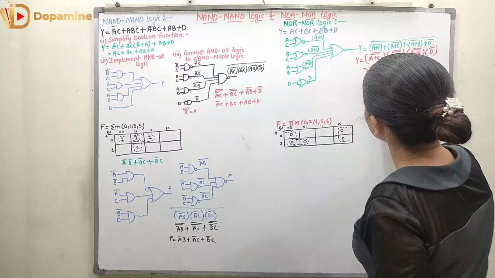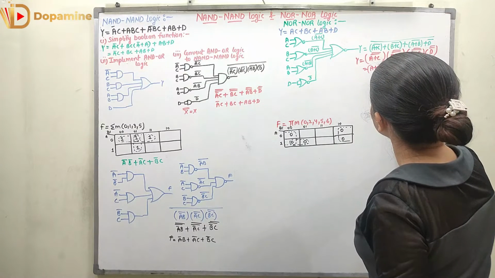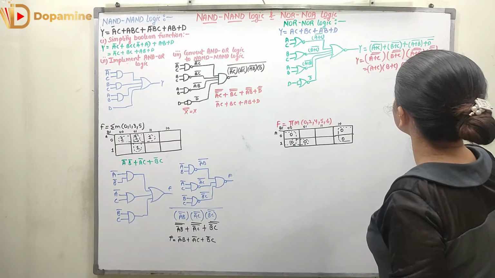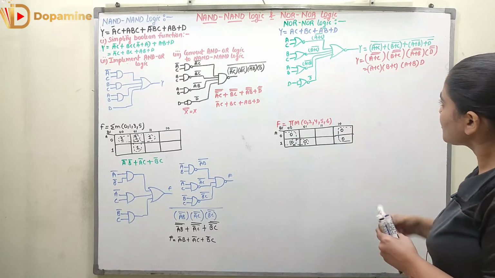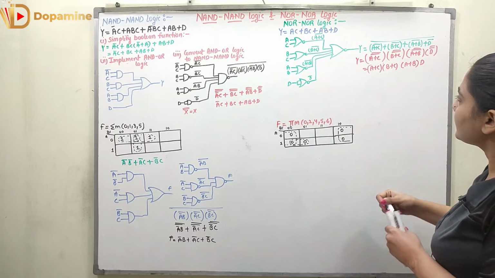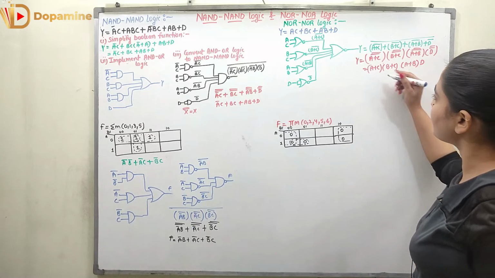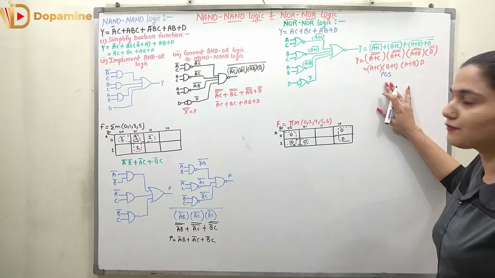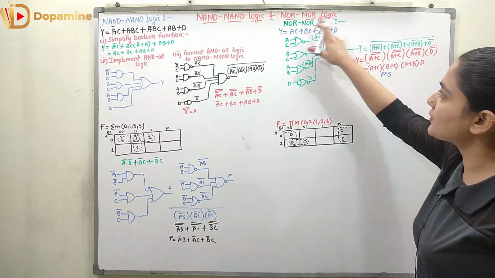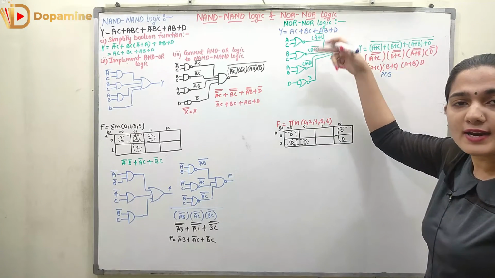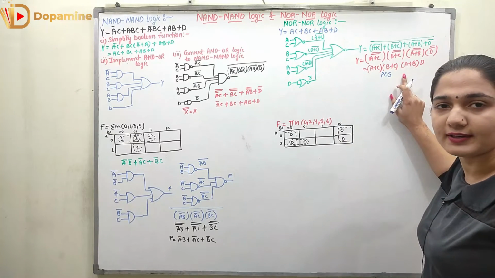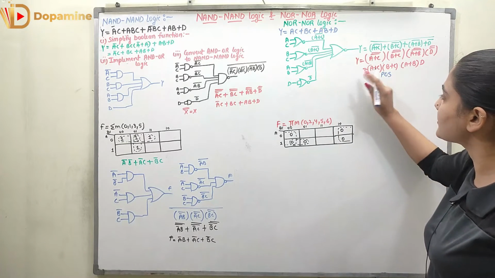I will get (A plus C) multiplied with (B plus C), which is multiplied with (A plus B), which is multiplied with D, right? So now here this is in the product of sum form. This POS form only we have to take, and here this was SOP form, right? You can take the dual of it and you will get this only, right? So this is how I can prove this is my Y.